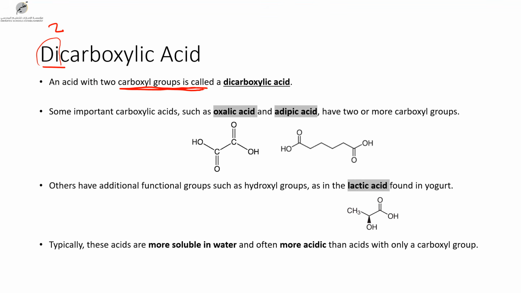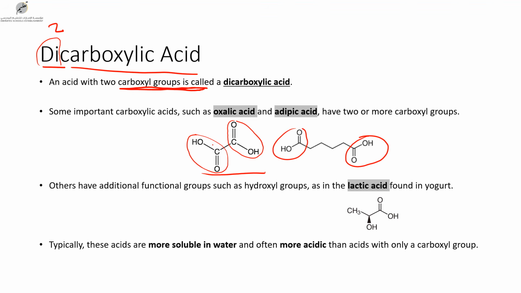So there are some important carboxylic acids such as oxalic acid and adipic acid. So look here at this part. Here's a carboxyl group and here's another carboxyl group. So these are dicarboxylic acids. There are 2 groups. Okay?